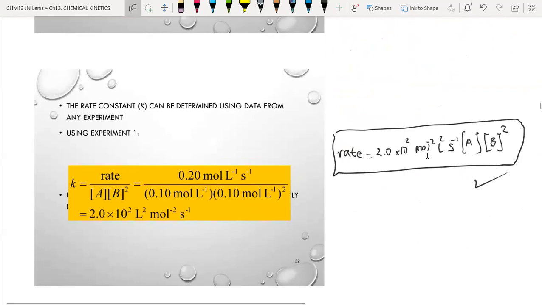Do you see the time somewhere here? No, I don't see the time here. Time is not included here, only here, in the rate constant. But this equation is not written as a function of time.